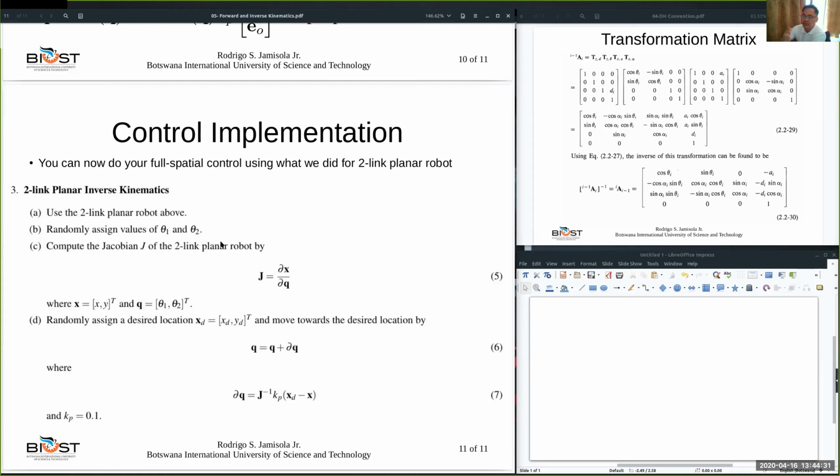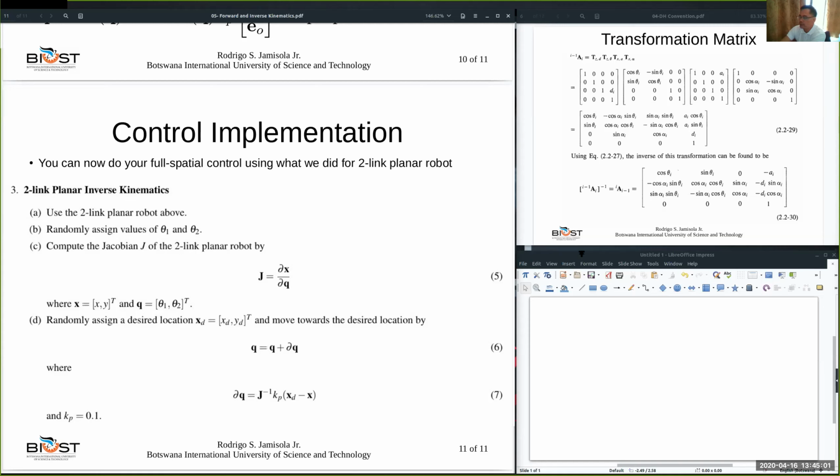The only difference is that now we express position and orientation, the Jacobian matrix, and the transformation matrices in the full space. You're given a fully spatial robot, and you assign variables theta 1 up to theta n for the joints. Then you compute the Jacobian based on the geometric Jacobian that we mentioned.